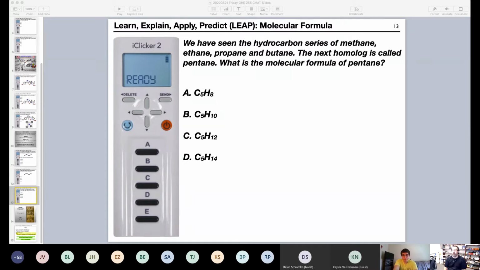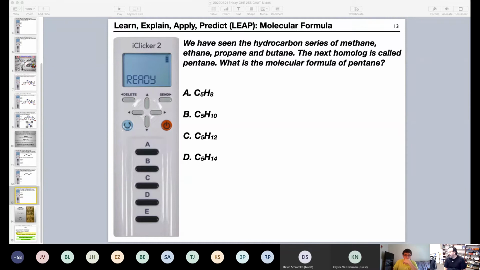If you were to draw methane CH4, ethane CH3CH3, propane CH3CH2CH3, butane CH3CH2CH2CH3, pentane CH3CH2CH2CH2CH3, every carbon has a sigma bond to hydrogen. That's what we mean by saturated.